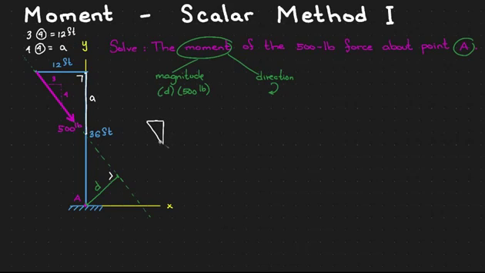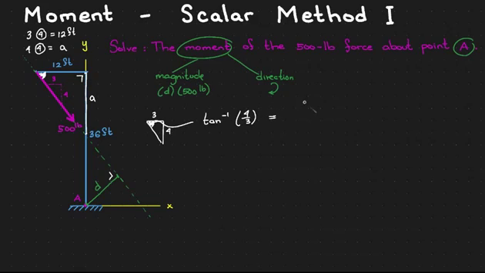This is 3 and this is 4. Let's find this angle. This angle is arctangent of 4 over 3, because we know the opposite side of that angle and the adjacent side of that angle. By definition, tangent is opposite over adjacent, so this angle is arctangent 4 over 3.